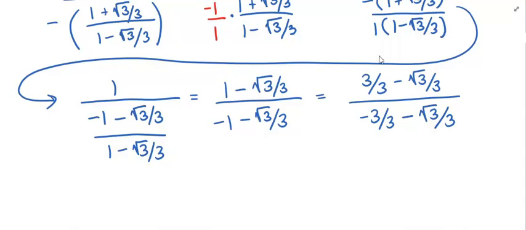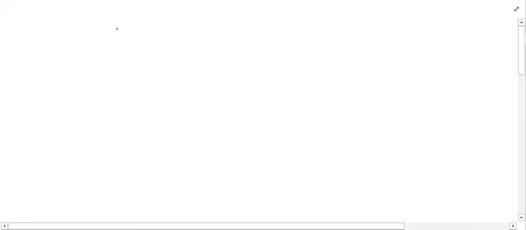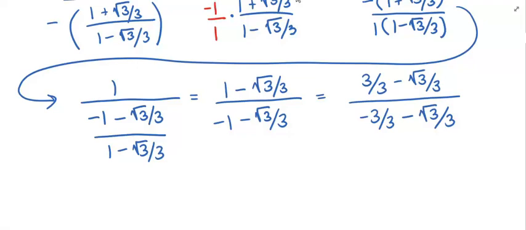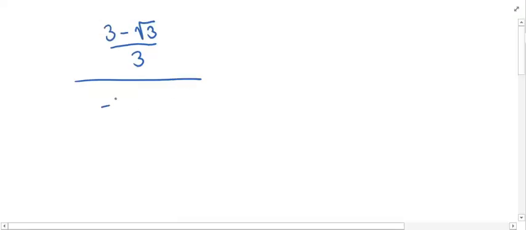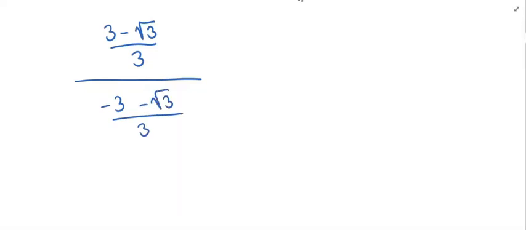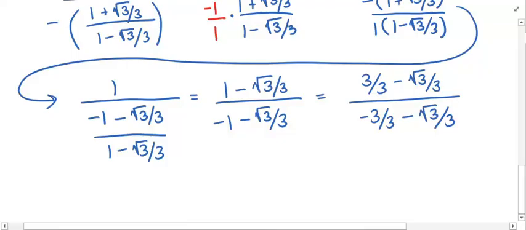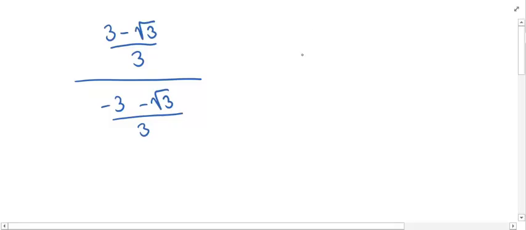So if we continue on, we're going to combine these pieces in the numerator. This is going to be 3 minus the square root of 3 over 3. The bottom fraction is going to be negative 3 over 3 minus the square root of 3. So if you combine it into 1, it will be all over 3. In the numerator will be negative 3 minus the square root of 3.